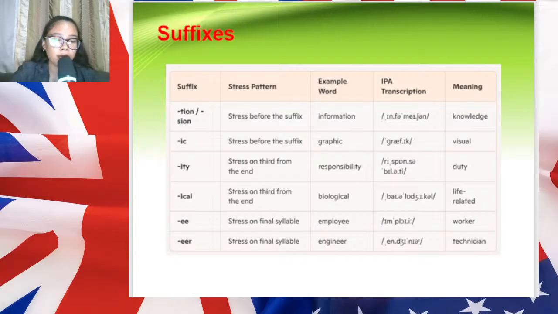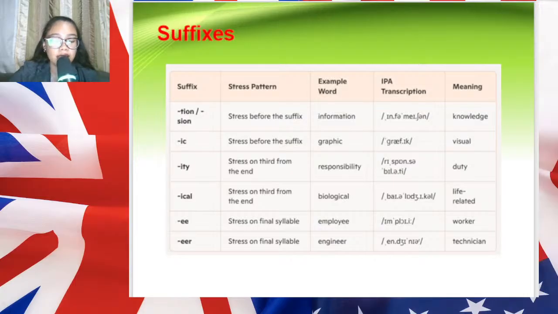Let's have sion, decision. There are three syllables, and the second syllable is where I stressed it. Decision. It is right before sion. Lastly, another word would be invitation.